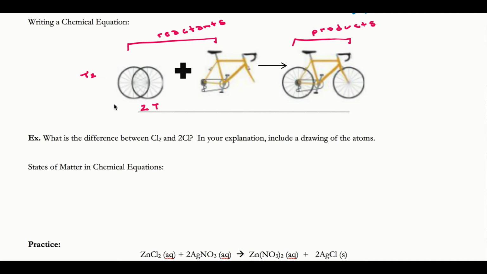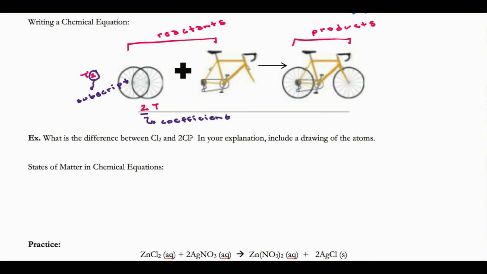So that's one thing for you to note. This right here is a subscript, and it is used to show or to imply that the atoms that it's referring to are attached, while this right here is a coefficient, and lets us know that, hey, they are not actually chemically attached to one another.